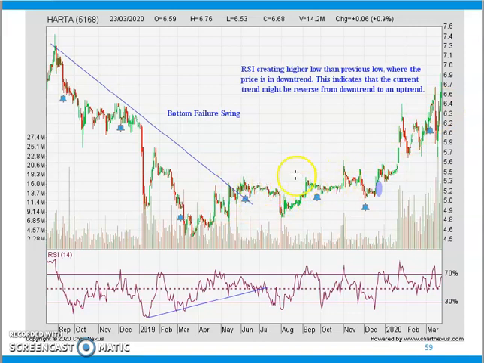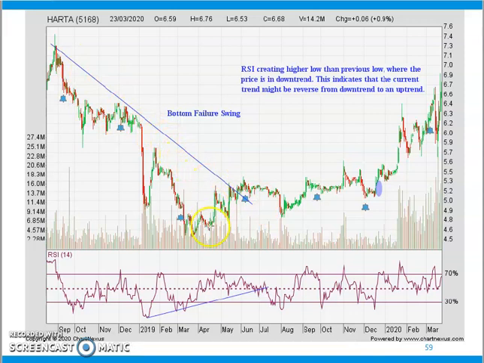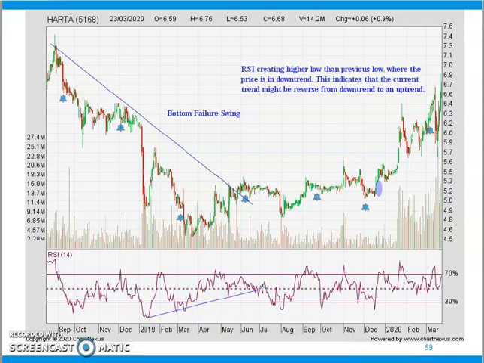We know that before the price changes from a downtrend to an uptrend, it should meet certain rules. For example, the price should create a higher high, then break the resistance and create a higher low. So if you see this downtrend and you see the RSI creating a higher high, it signals to you that the existing trend might be reversed.